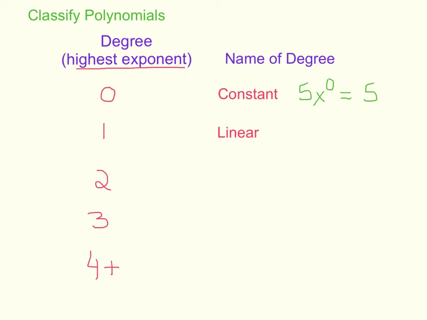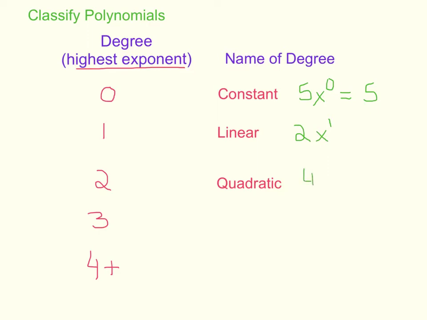If the highest exponent is 1, we would call that linear. An example, 2x. Because exponent 1, we don't always write it. You can, but you don't need to. And that would be an example of linear. If the highest exponent is 2, it is called a quadratic.